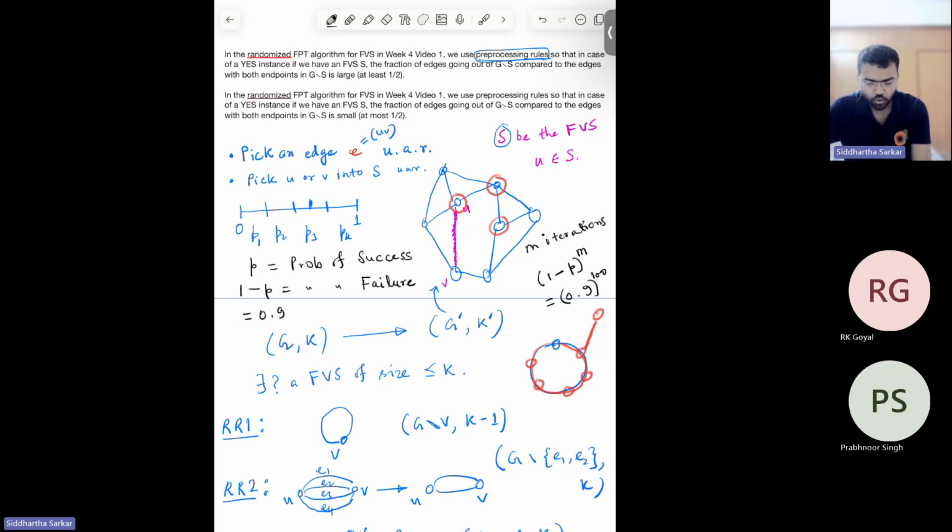You can be highly confident that if I run it a large number of times, I will succeed at least one time. So that is why randomization helps. I know for a fact that this is not solvable in polynomial time, but with good chance I will find it in a reasonable amount of time, in FPT time.